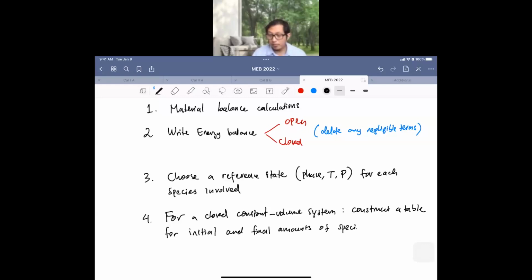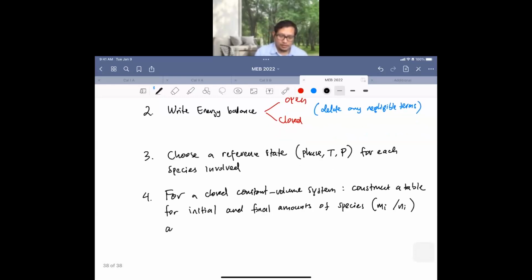It can be in mass or in moles. That should be a table. And specific internal energy relative to the chosen reference state. This is the first one.